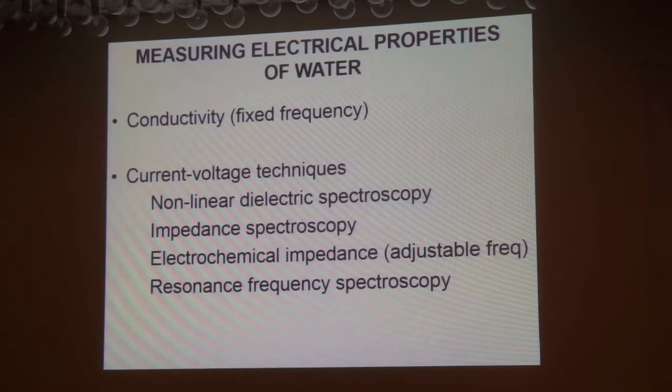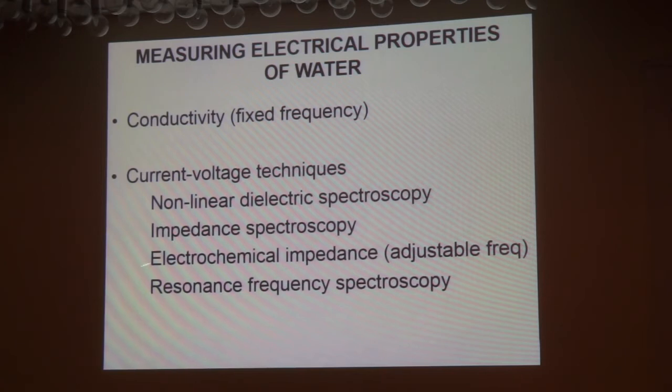But the techniques I have been using involve what's simply called current voltage relationships. You apply a voltage spike, you excite the water, and you measure the induced current. Now, this concept is used in nonlinear dielectric spectroscopy and impedance spectroscopy and electrochemical impedance.